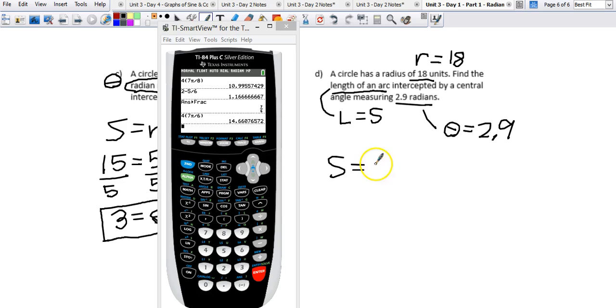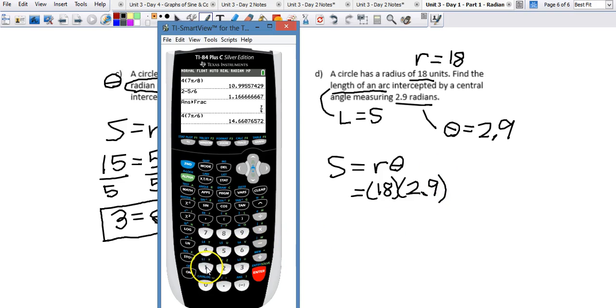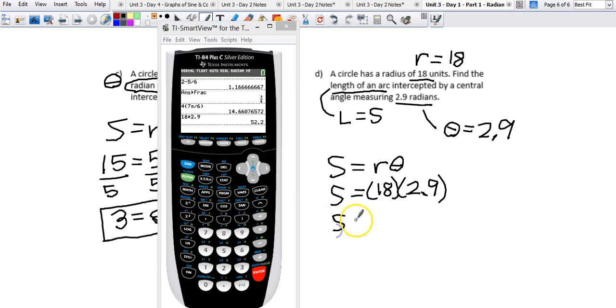S equals R theta. And 18 times 2.9 is 52.2.